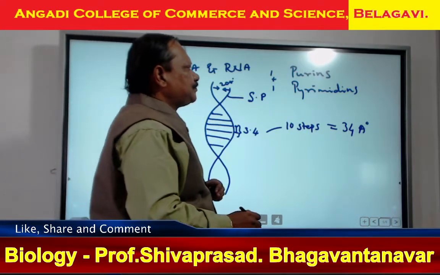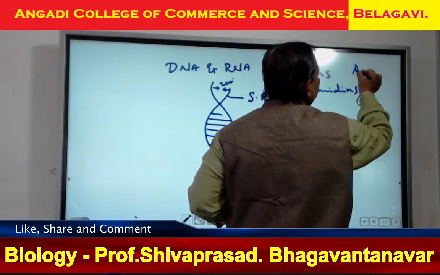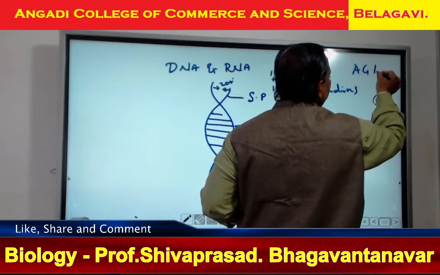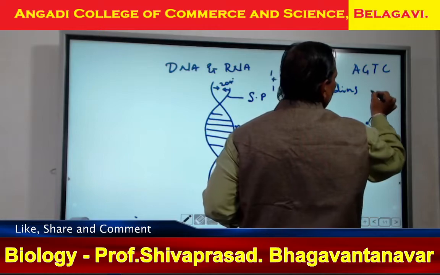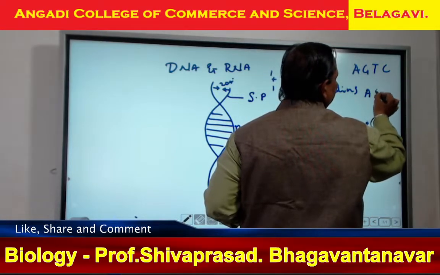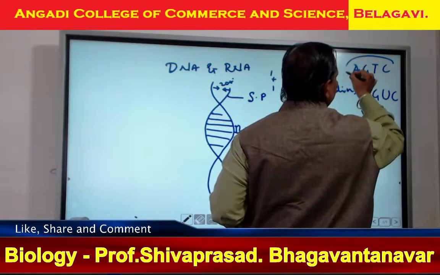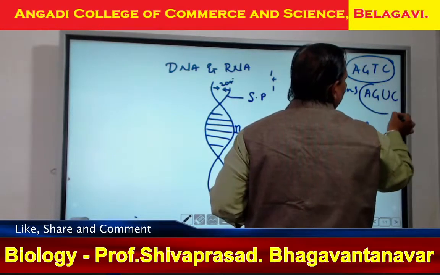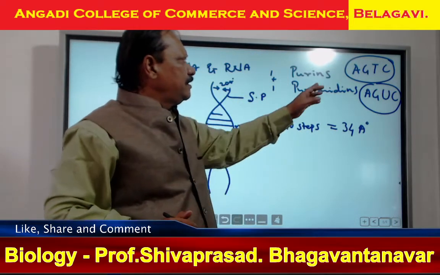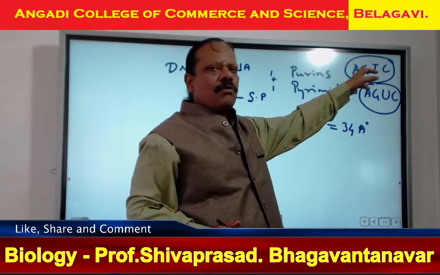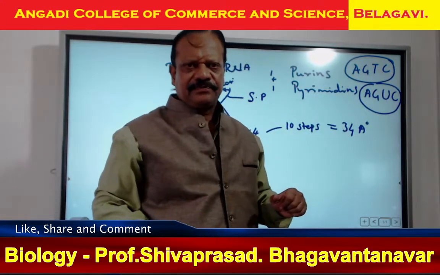Now here, A, G, T, C. And one more combination I am telling you, A, G, U, C. The two bundles I showed here: adenine, guanine, thymine and cytosine.